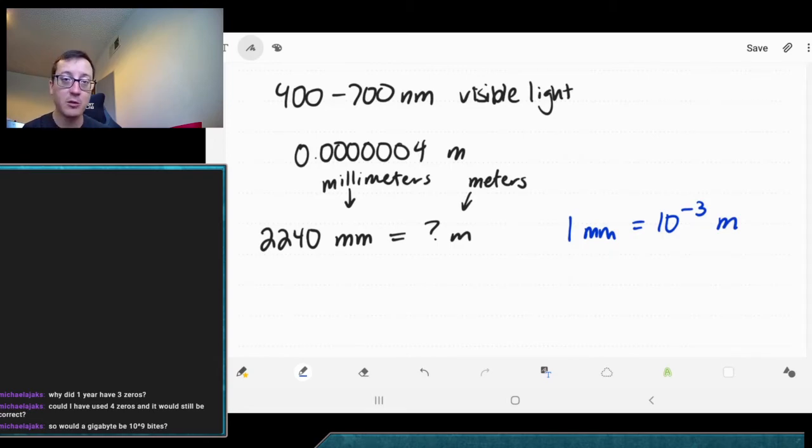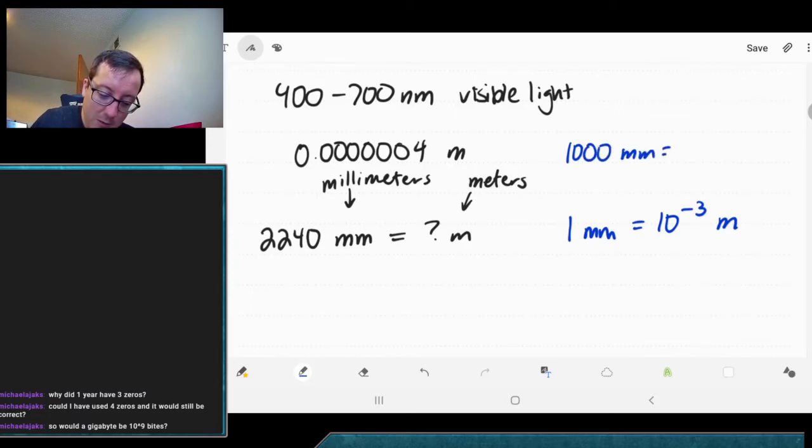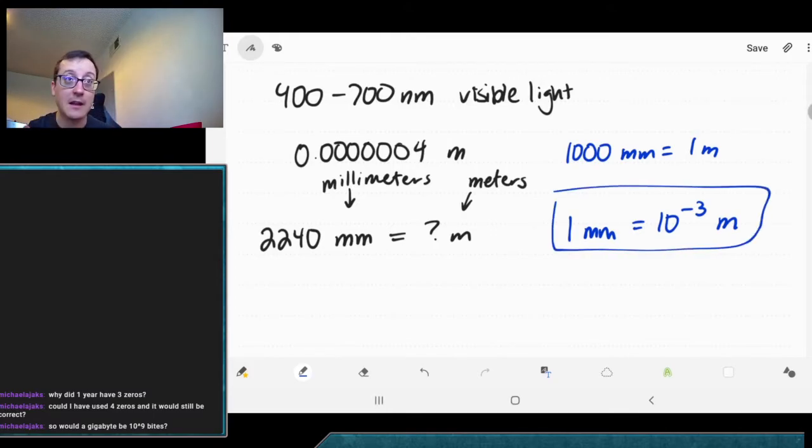However, some of you, if you've learned this before, are saying, oh, well, we have 1,000 millimeters in 1 meter. That's fine. Go ahead and use that. They're mathematically equivalent, right? These two say the same thing. 10 to the third millimeters is 1 meter. It's the same exact thing as saying this. However, this is the way I'm going to be using it in the class.